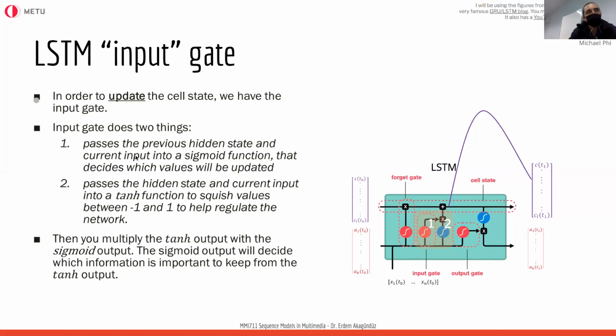It passes the previous hidden state and the current input. As you can see, this is passed. So the input to this fuzzy logic gate is the same input. The input of this fuzzy logic gate is also an input to this fuzzy logic gate as well. So we have a vector created here. Wonderful.